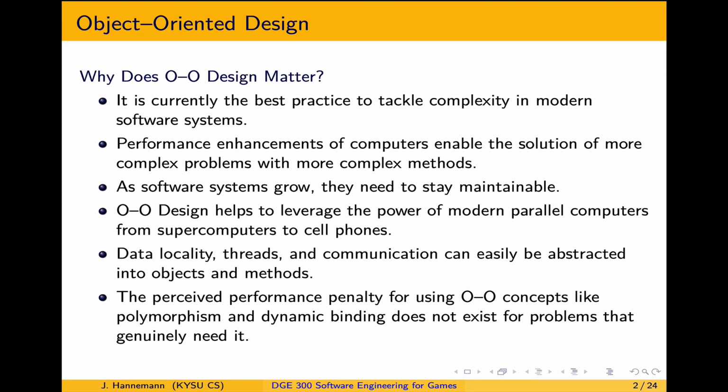Coming back to operating systems and high-performance computing, supercomputing, it used to be common wisdom that OO concepts were too slow to implement on fast systems. But it turns out, and I'll show this to you, that this really is a misunderstanding, and that if you employ OO concepts to solve problems that generally need them, you actually cannot be faster than what C++ provides you.